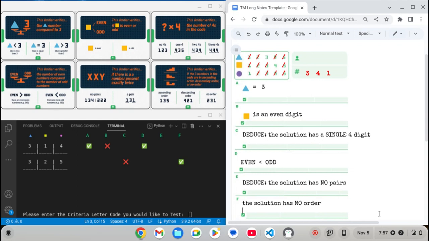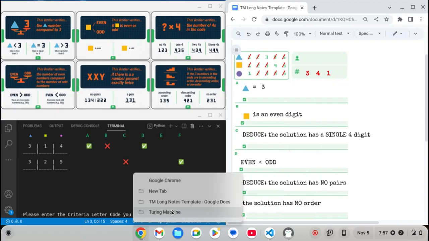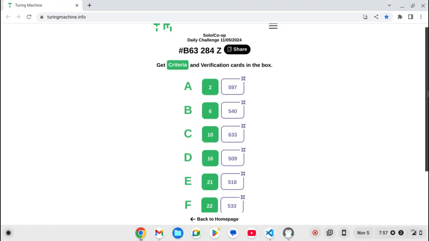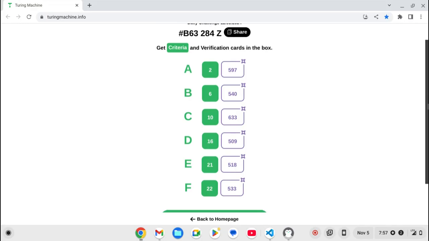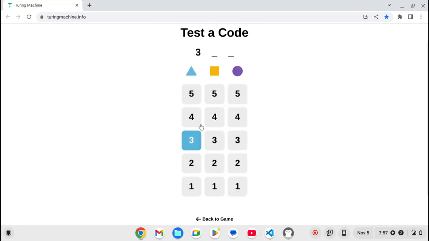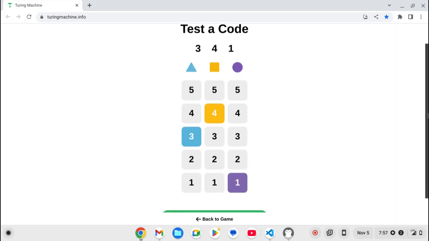And of course, we have no order. Okay, so based on that, that looks like our solution, but let's go verify. 341. So we got 341. Okay, excellent.